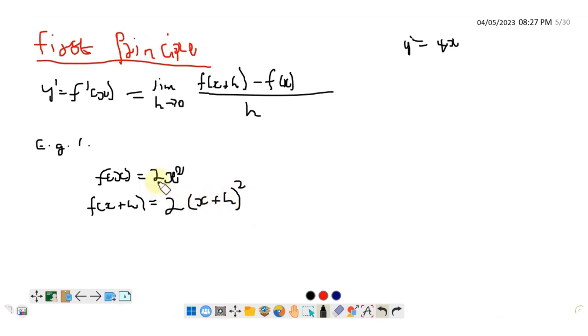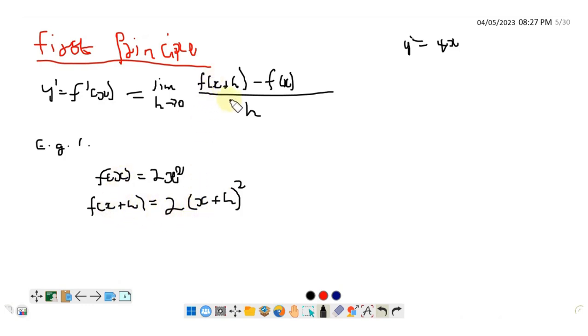There you go. See? You see x, you change that x to x plus h because we've moved h distance like I've shown you on the graph. So it means the y value changes. It's no longer the y value for x, it's the y value of x plus h because we've moved h units horizontally. All right. So now we have f of x, we have f of x plus h.